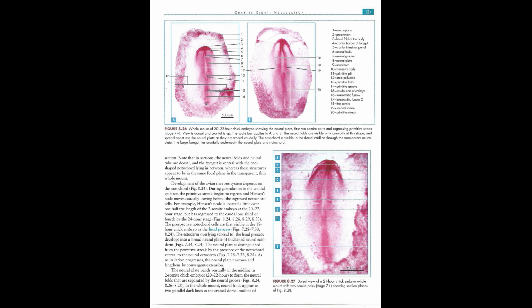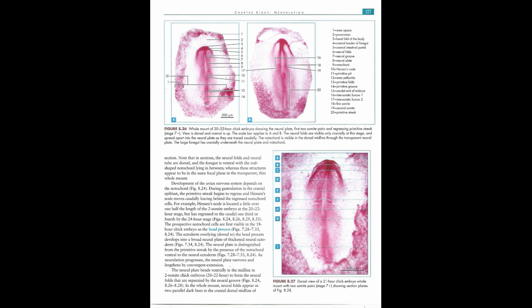It has regressed to the caudal 1/3 or 1/4 by the 24-hour stage, Figs 8.24, 8.26, 8.29, 8.33. The prospective notochord cells are first visible in the 18-hour chick embryo as the head process, Figs 7.28 to 7.33, 8.24.